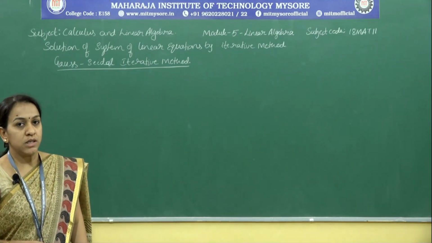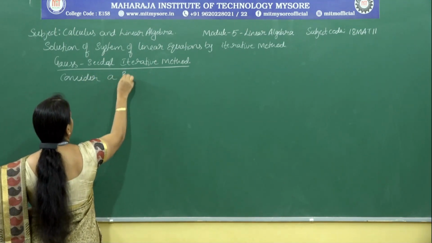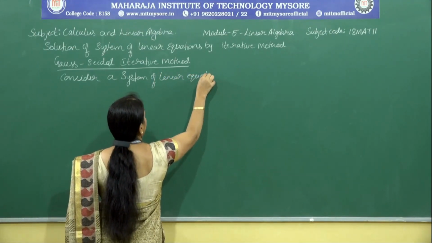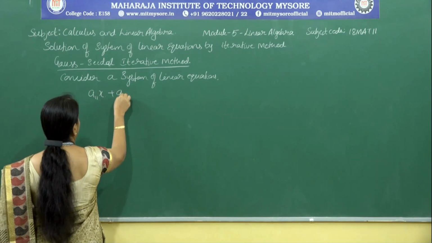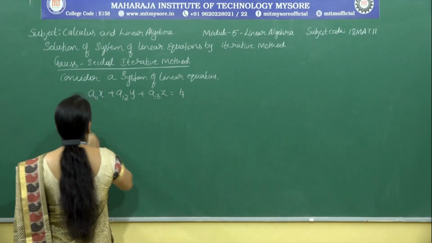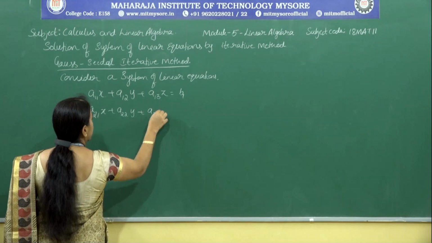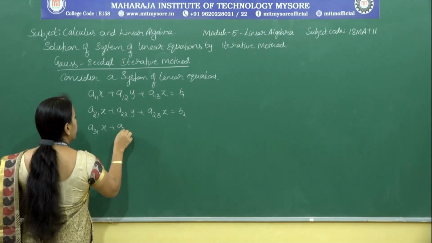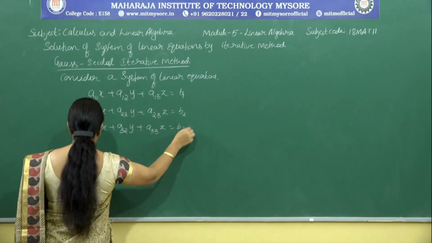Okay, so let me consider a system of linear equations like a11x plus a12y plus a13z equal to b1, a21x plus a22y plus a23z equal to b2, and a31x plus a32y plus a33z equal to b3.